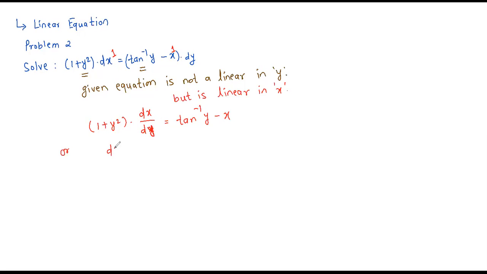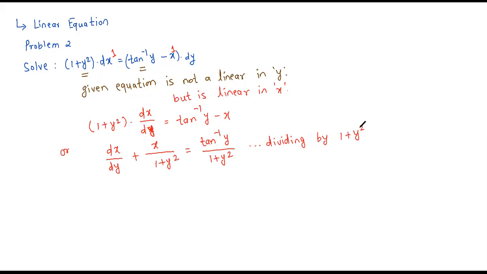So this will be dx upon dy plus x upon 1 plus y square, which is equal to tan inverse y upon 1 plus y square, dividing by 1 plus y square.